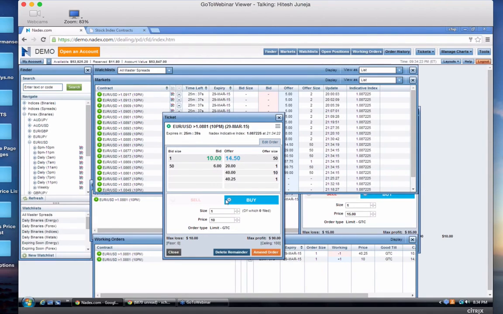Then you enter the trade, because remember, even though the signal that came from us says end of the hour it will expire, you can get in whenever. You don't have to get in at the minute that the signal came in. You can get in 20 minutes later, 30 minutes later, just before the trade expires in Nadex.